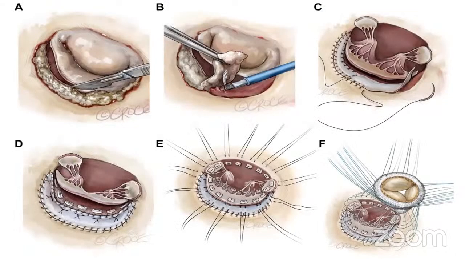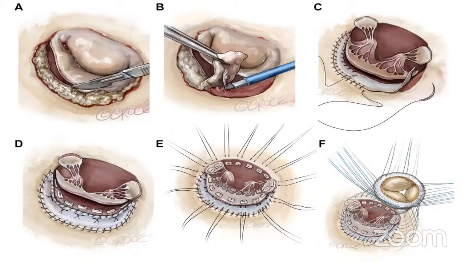This was their illustration of the total calcium decalcification. So let's start with picture A. The base of the posterior leaflet of the mitral valve will be incised and detached from the annulus itself. Then in picture B, the calcium bar will be excised.